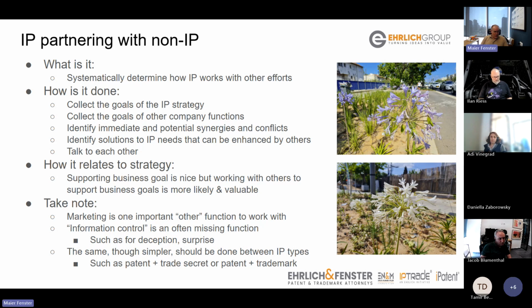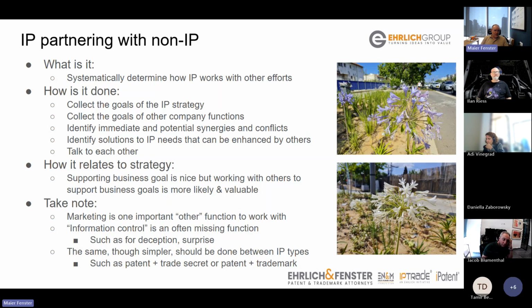And one way of doing it, perhaps, and I'm describing a way of doing it, but in companies that have an internal IP function, this should be done continuously. It's not a one-off.